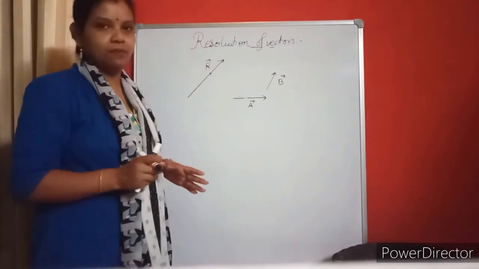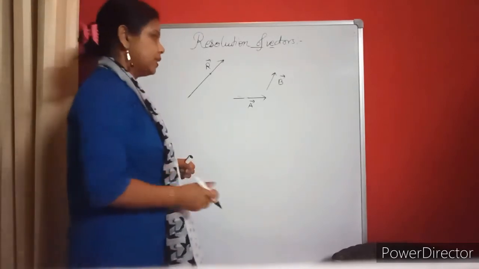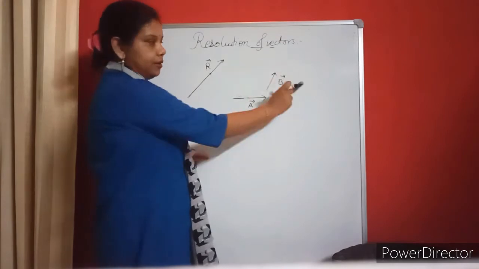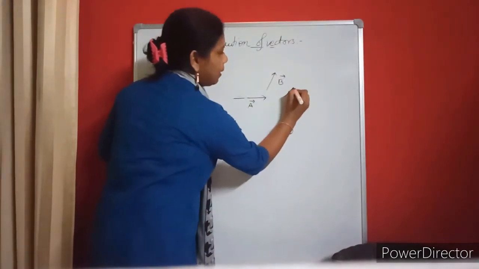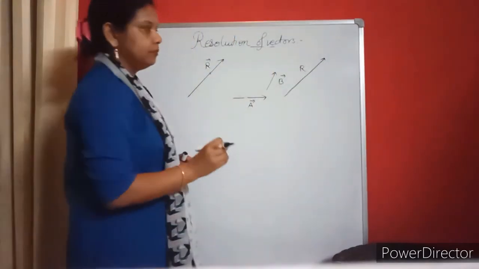I want to split this vector. How do I split it now? See, I will draw a vector parallel to R, like this. So this is my R, in the original direction.